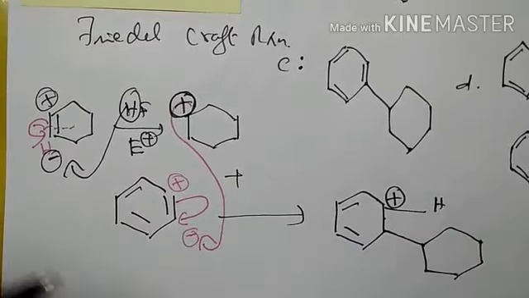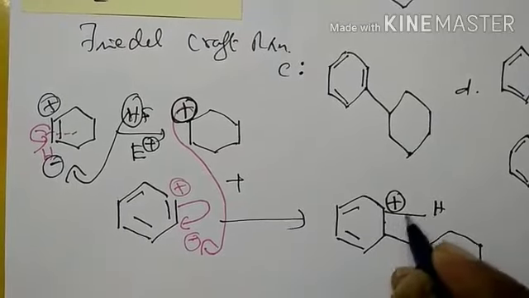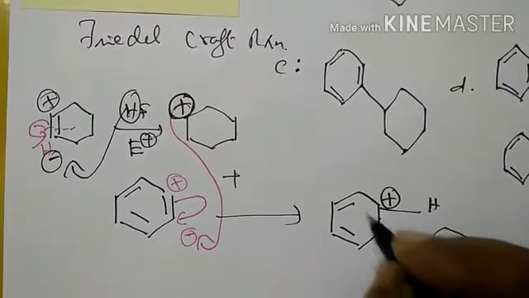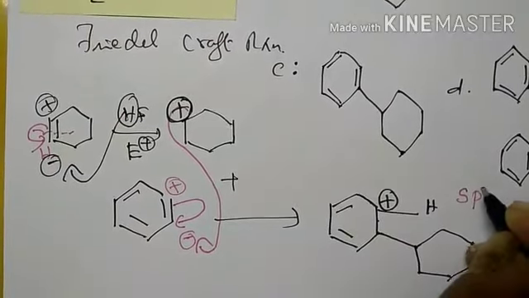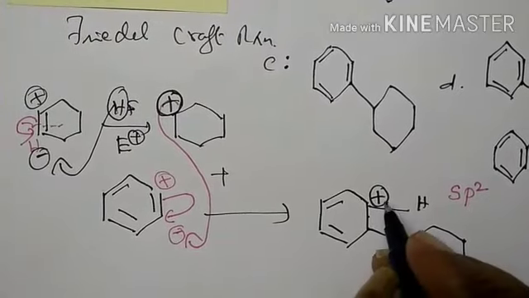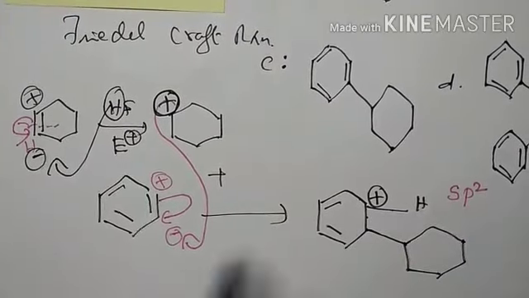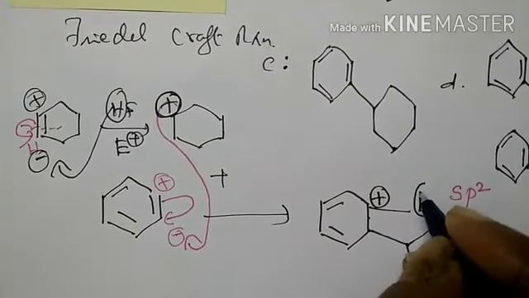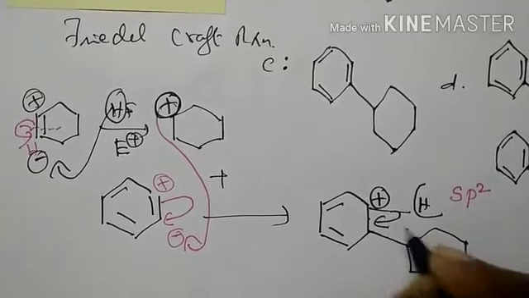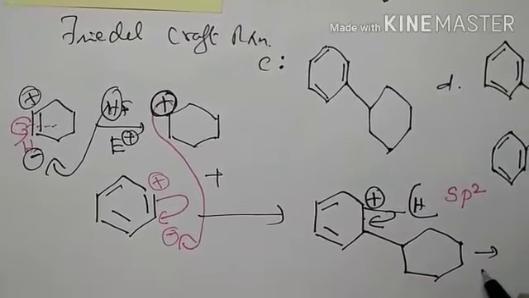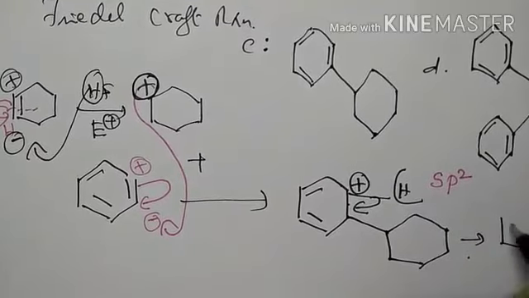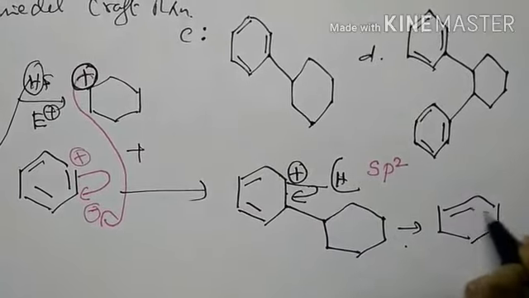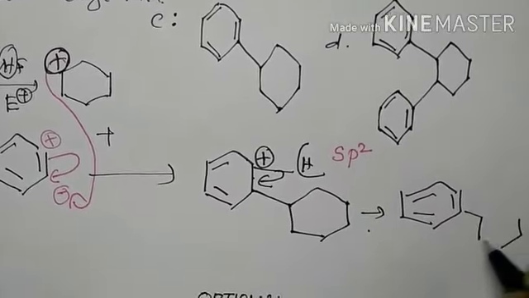So the hybridization of this carbon, with 3 sigma bonds, is sp2. So this hydrogen is removed, to get the aromaticity, and the bond moves there to get its own configuration. So removal of the hydrogen takes place, or bond shifting takes place like this. Now the product is ready.